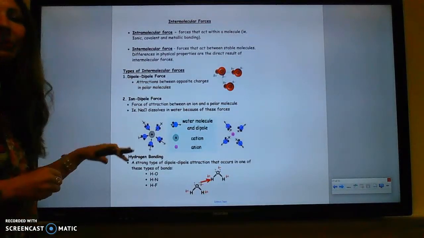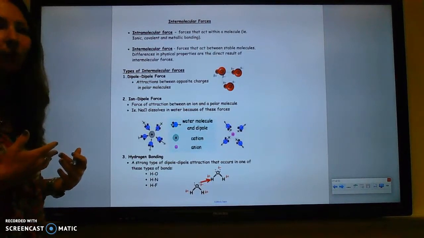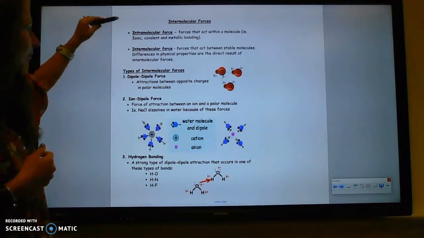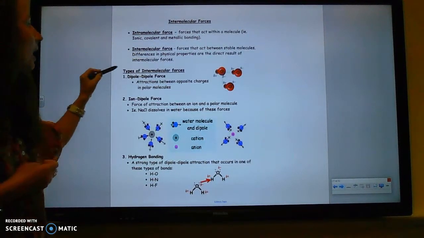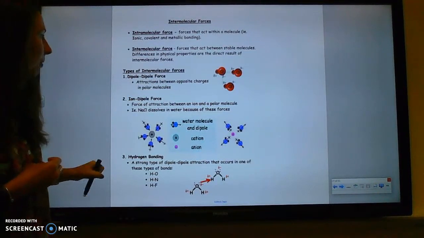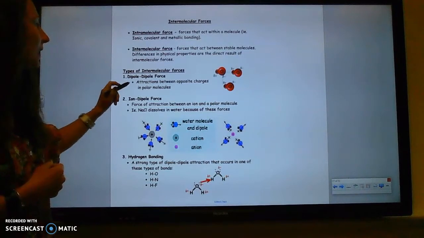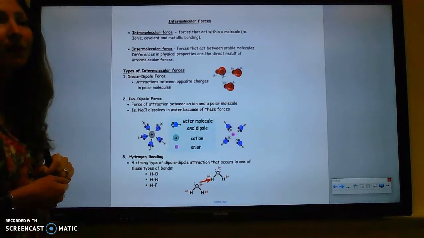There are three types of intermolecular forces, and we're going to take some notes in a little bit, but I just want to give a quick preview. These are not quite in order. The first type is a dipole force, which is whenever you have opposite charges in a polar covalent molecule.